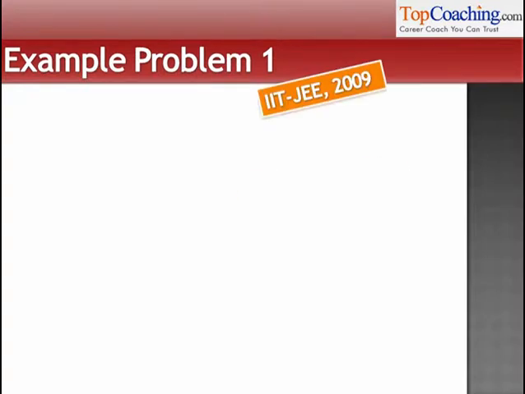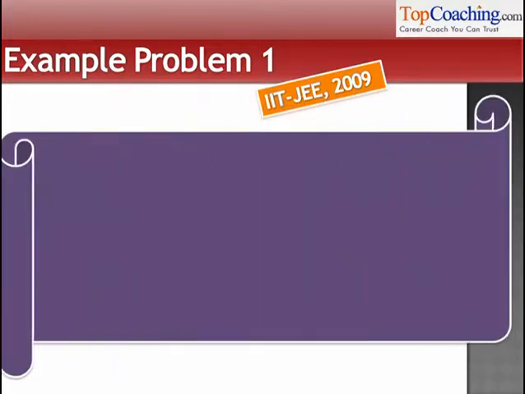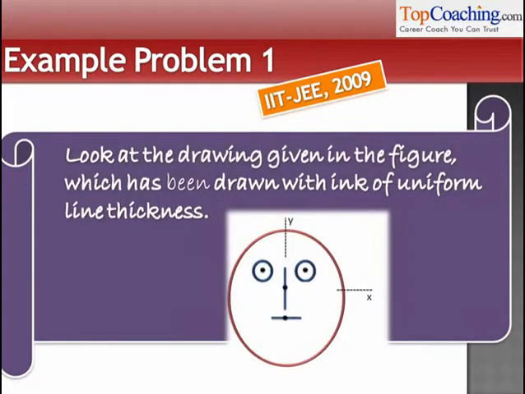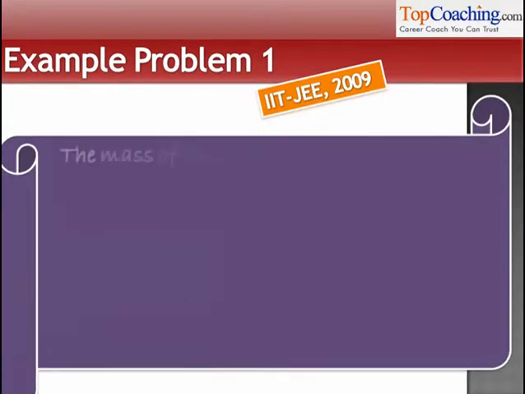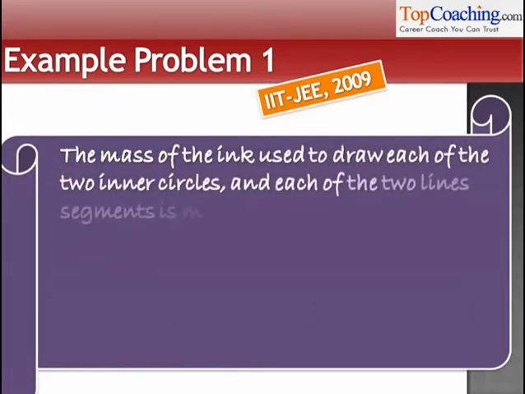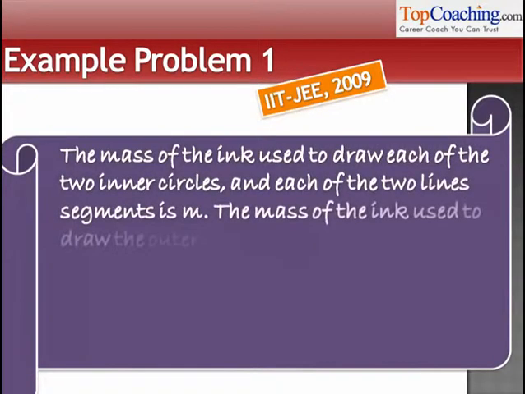Let's solve a problem that was asked recently in IIT JEE 2009. This problem will clear our concepts right away. Look at the drawing given in the figure. This drawing has been drawn with an ink of uniform line thickness. The mass of the ink used to draw each of the two inner circles and each of the two line segments is m.